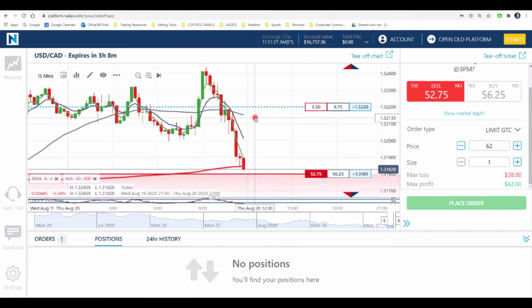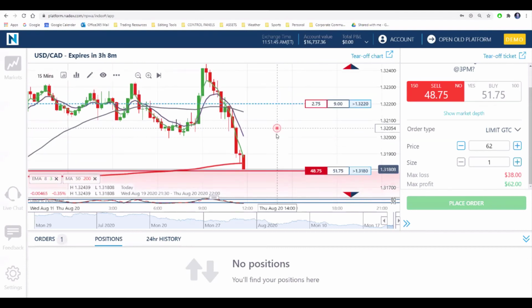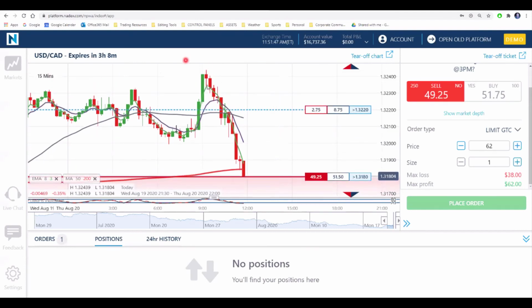One of the things I've also noticed is the relationship of the 3 EMA to the 8 EMA. Whenever the 3 gaps significantly away from the 8, it usually does a snapback or a mean reversion. Right. So if you saw that hanging man doji at the top and it closed back below the T-line, there was a high probability that it was going to come back and test the T-line.